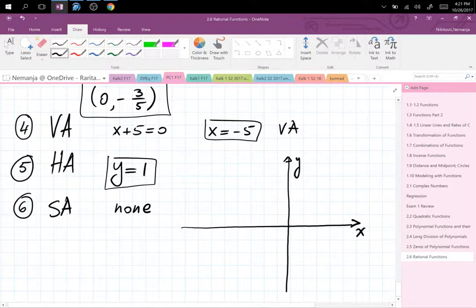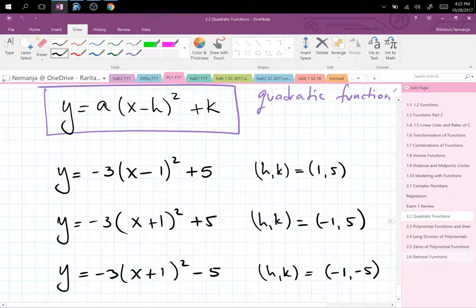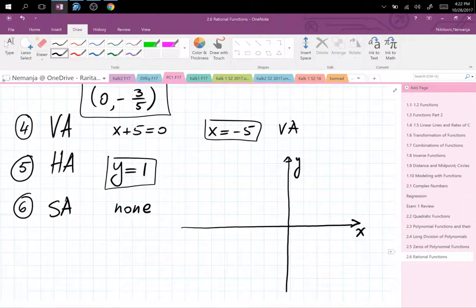So we start with the coordinate system xy, and then we place all of the points and all of the asymptotes that we know. So we have a vertical asymptote at negative 5. All right, 1, 2, 3, 4, negative 5. We have a vertical asymptote at negative 5.